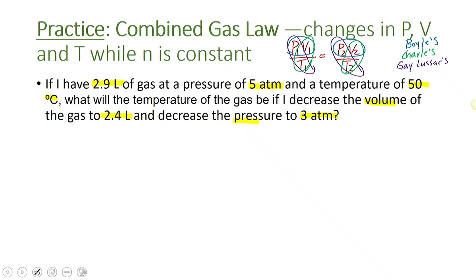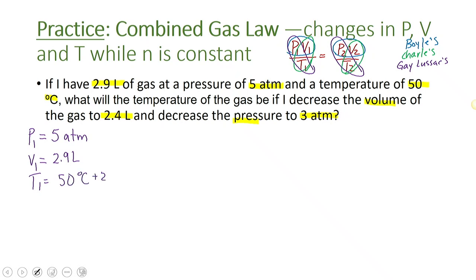So let's write down what we're given. Oh, I'm still in purple. That's fine. So P1, let's say, is 5 atmospheres. V1 is equal to 2.9 liters. And T1 is equal to 50 degrees Celsius.